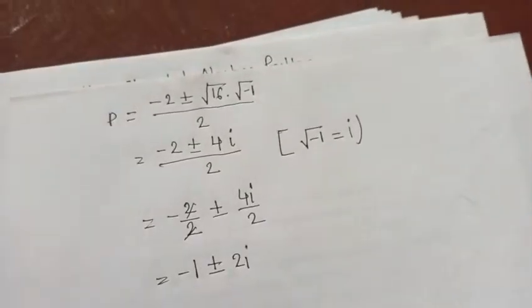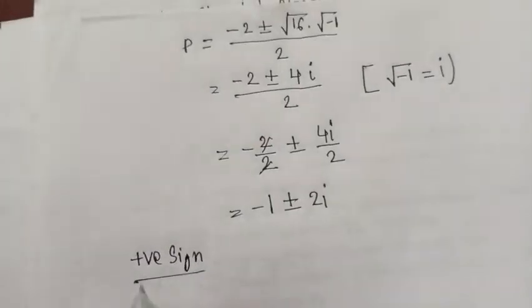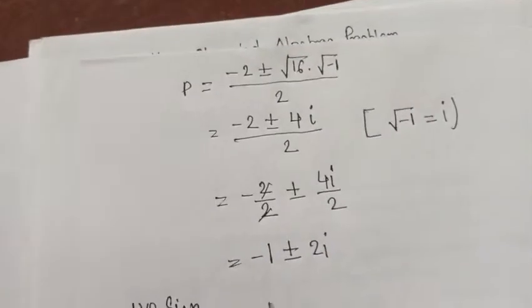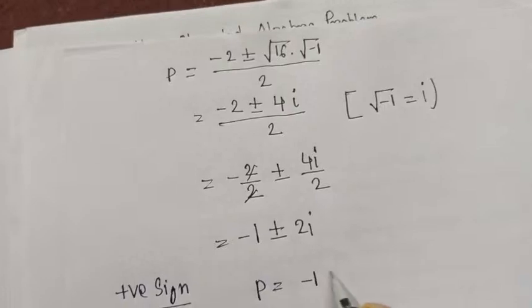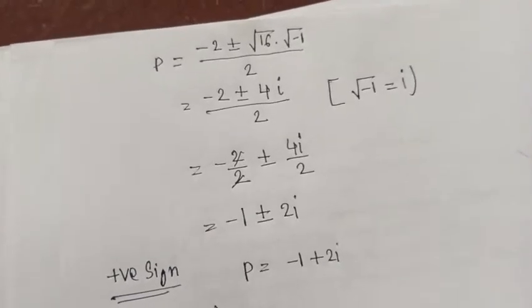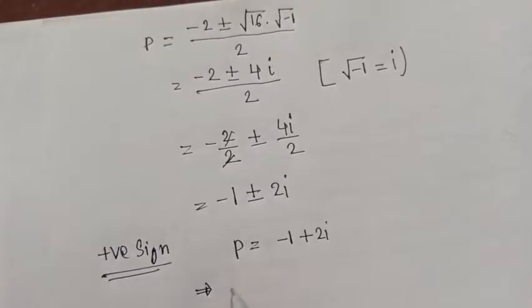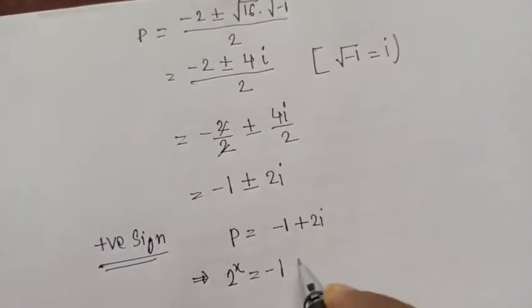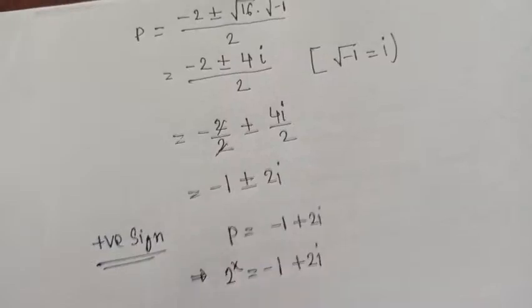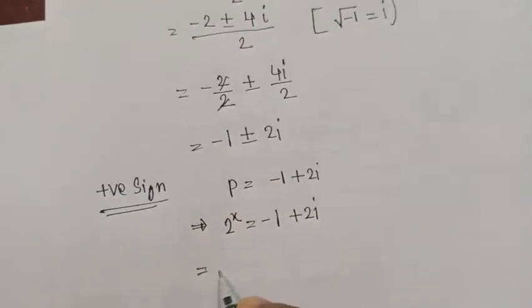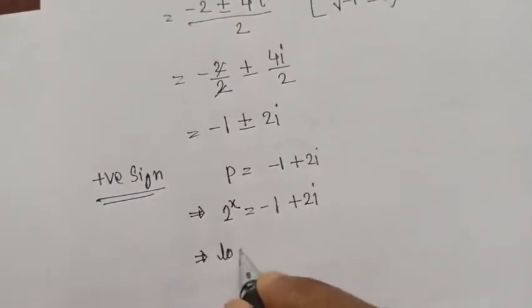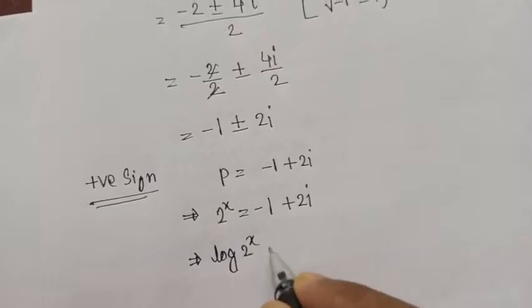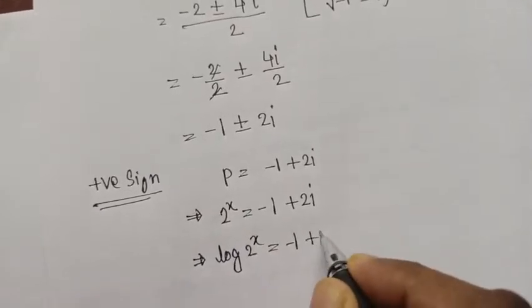If we consider the positive sign, then p equals minus 1 plus 2i. We have already taken p as 2 to the power x, so 2 to the power x is equal to minus 1 plus 2i.